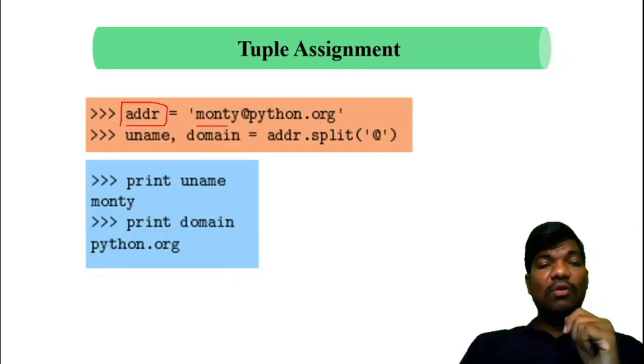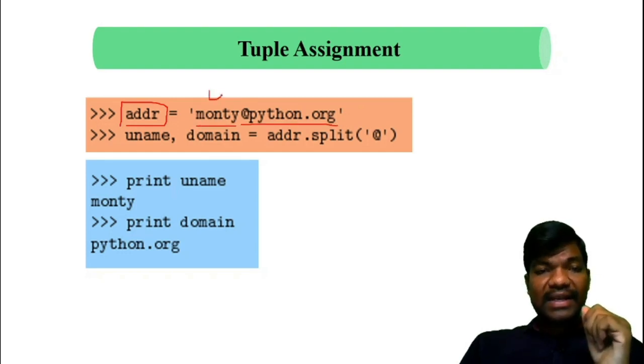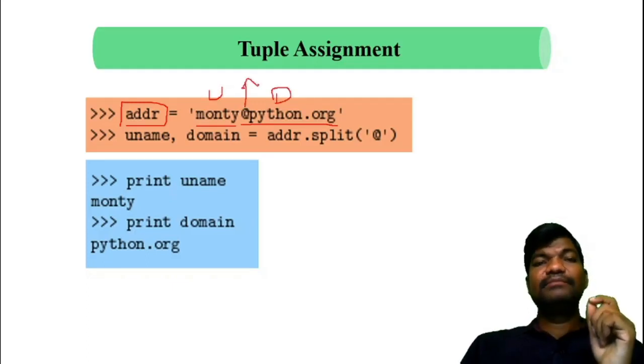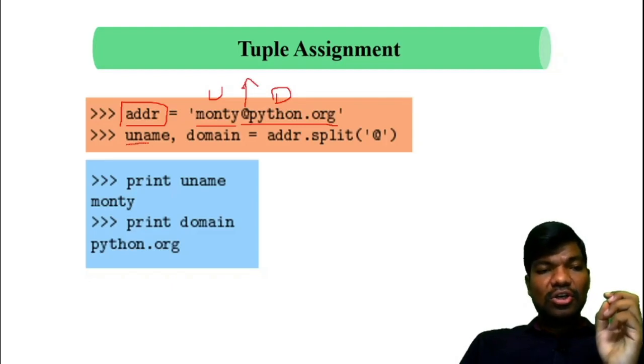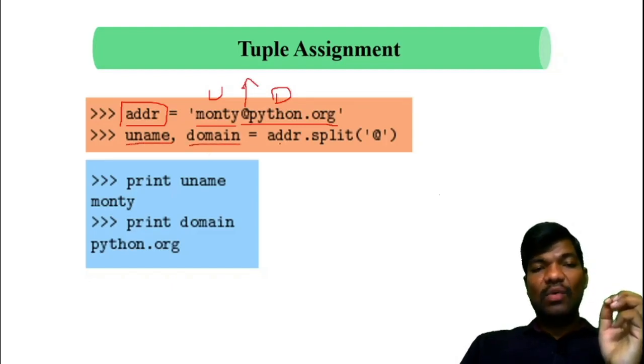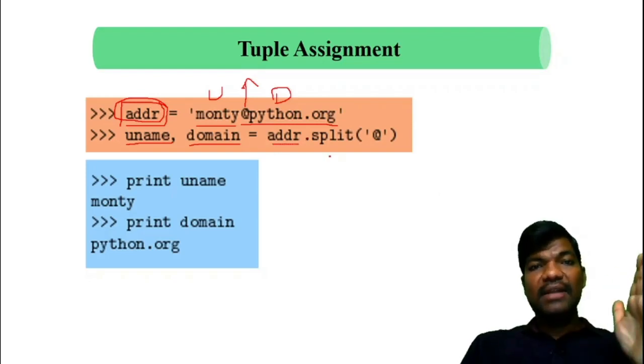Addr equal to monty at python.org. This is the username, this is the domain, separated by the at symbol. So the variables are username comma domain equal to addr dot split of at.